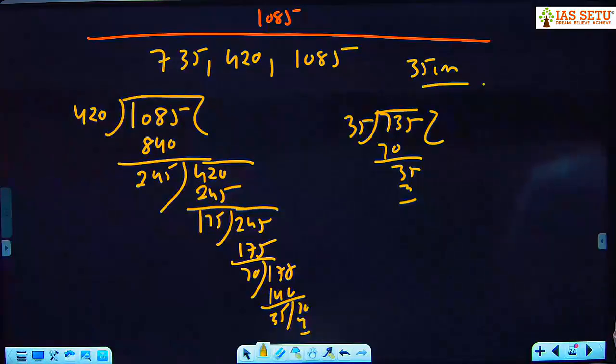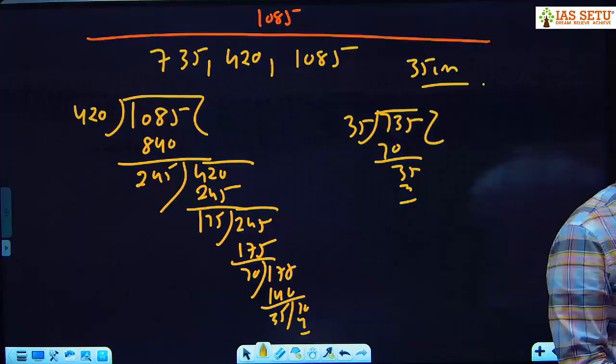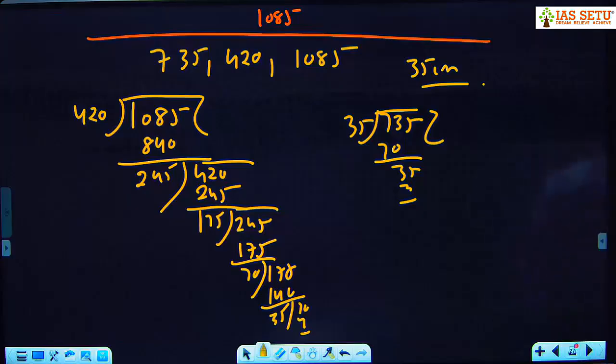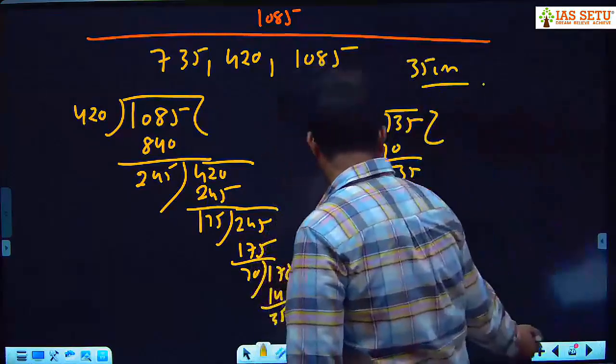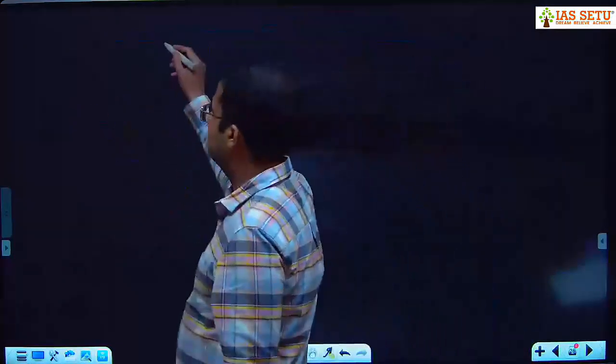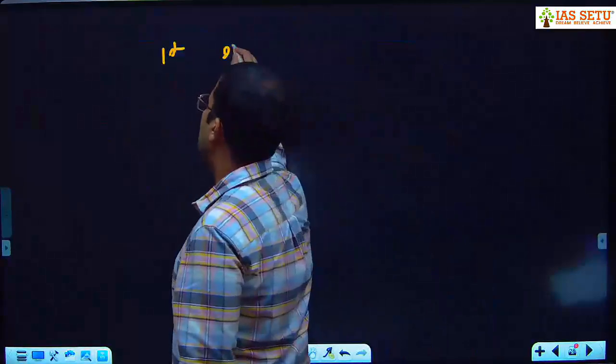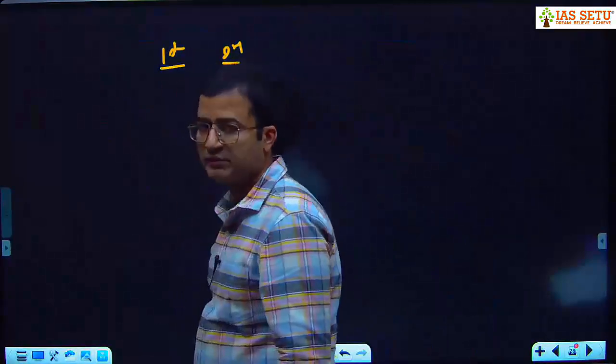Now let us do some questions. Let me take one or two more types. On miscellaneous, there is one wonderful formula we have. If both the numbers are given and HCF or LCM is asked, we can find it.